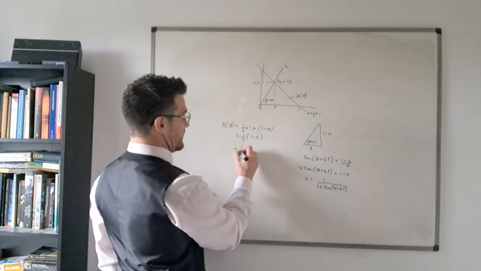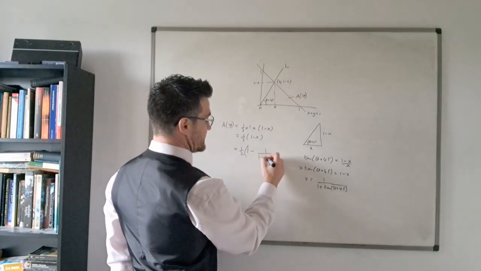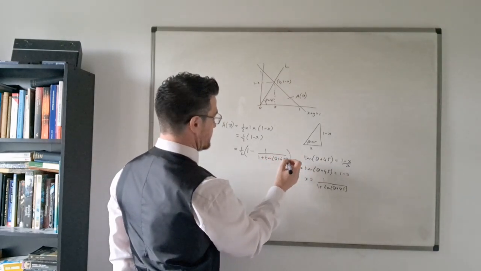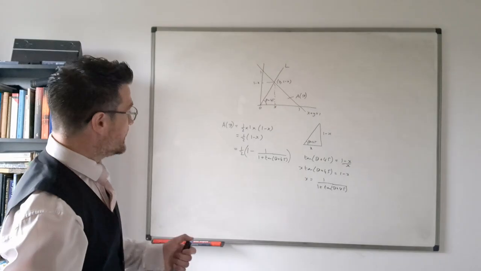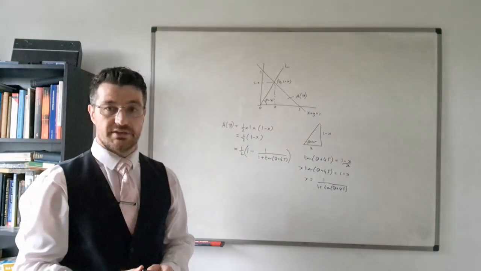So this is equal to a half (1 minus 1 over 1 plus tan(theta plus 45)). Okay, so that's my formula for A in terms of theta, right?